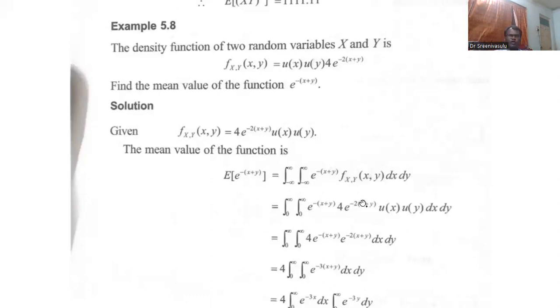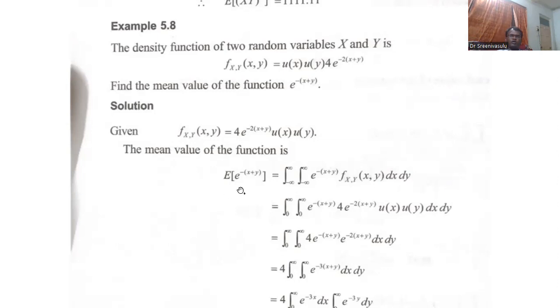So we know the formula of mean value: expected value of x is equal to integral from minus infinity to plus infinity, again integral from minus infinity to plus infinity, of x f(x, y) dx dy. So here, instead of x we have e^(-(x + y)).